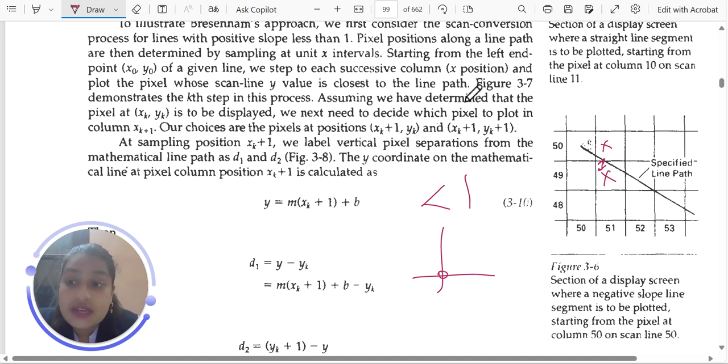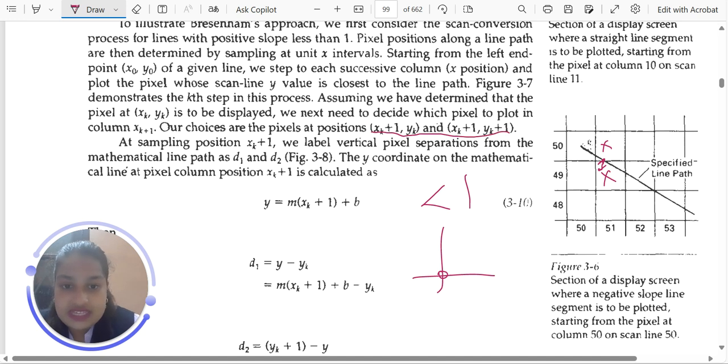Assuming that we have determined that the pixel xk, yk is to be displayed, we next need to decide which pixel to plot in column xk plus 1. Our choices are the pixels at position xk plus 1, yk and xk plus 1, yk plus 1.